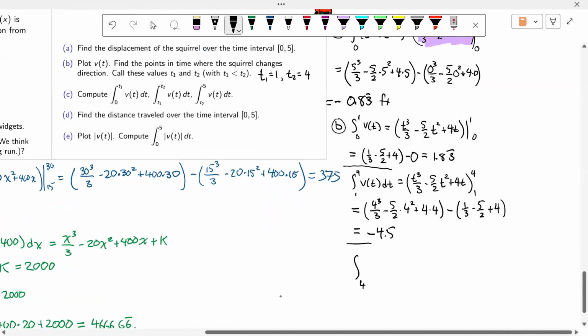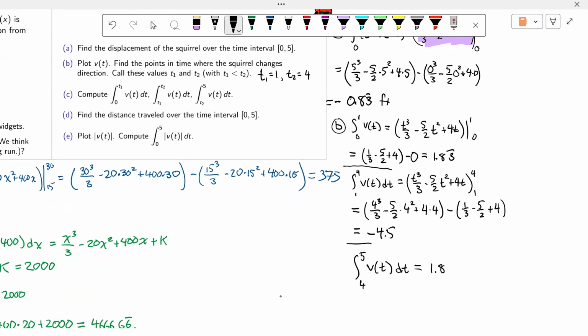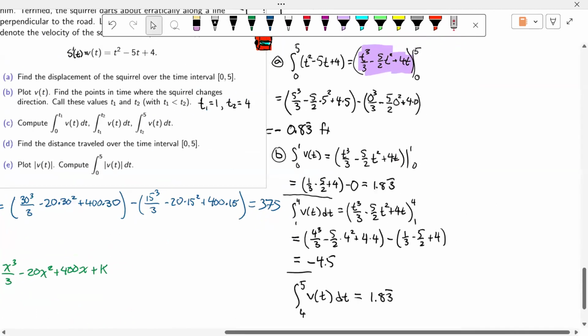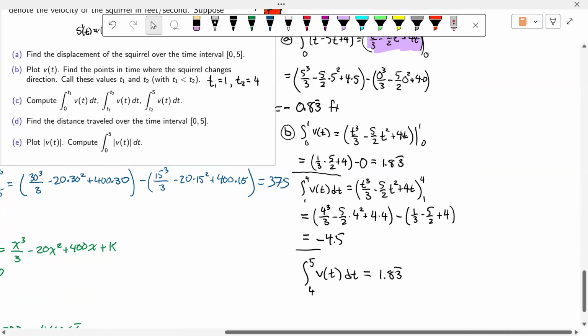All right, and if you do the integral from 4 to 5 of V(t) dt, it will also be 1.83 repeating. I'm kind of skipping that part. And so if we take a look at these here, maybe I'll color code stuff.